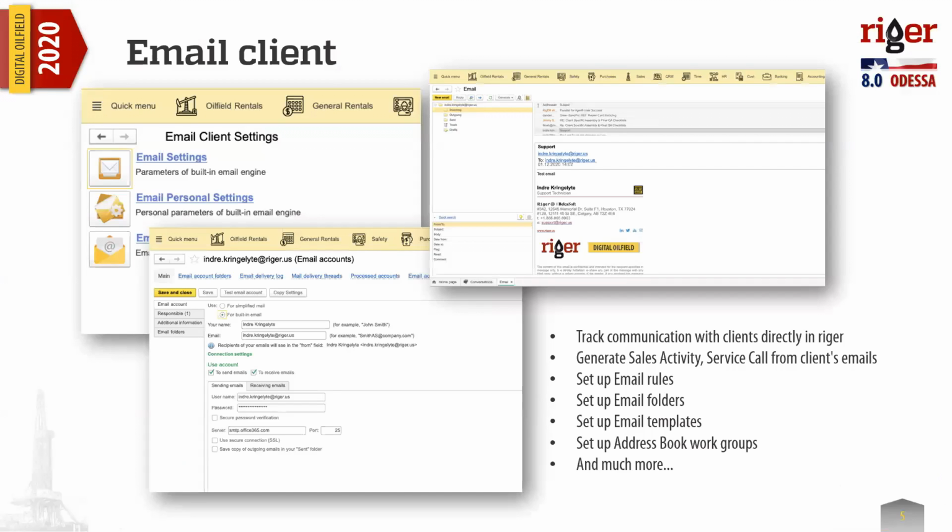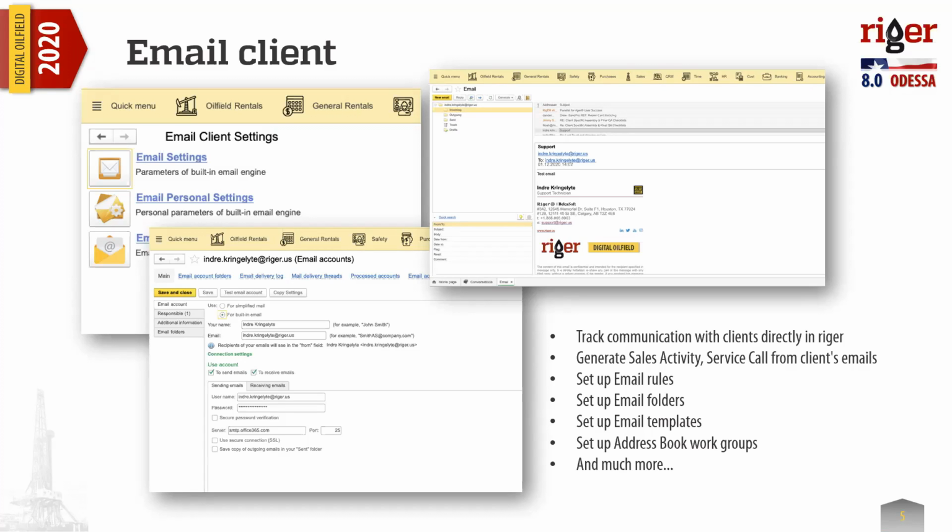So what do you get from the built-in email client in RigER? It expands the RigER functionality and the family of all the features, integrations, and add-ons that you can find in RigER. So you can track communication with clients directly in RigER now. And directly from the emails, it allows you to generate sales activities and service calls from the client's emails.